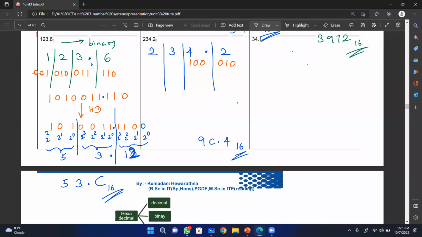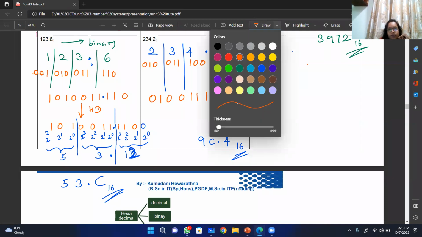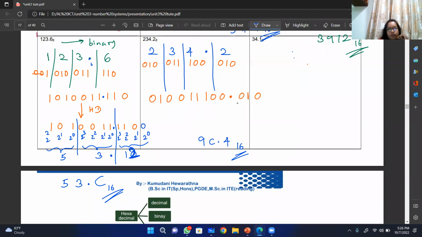Yes, 1, 0, 0. 3? 0, 1, 1. 2? 0, 1, 0. Yes. So 0, 1, 0, 0, 1, 1, 1, 0, 0, 0.010. So the first 0 you can see.